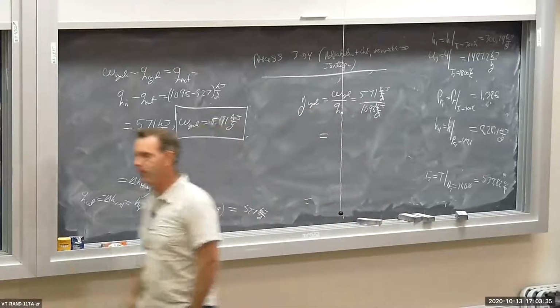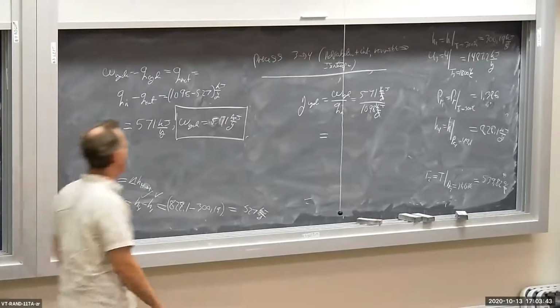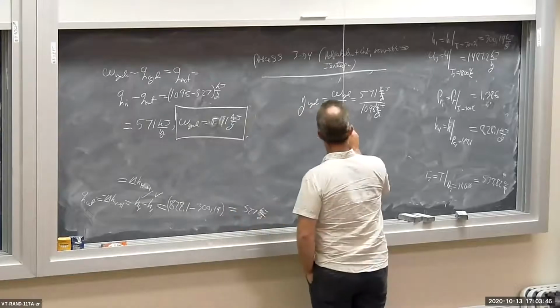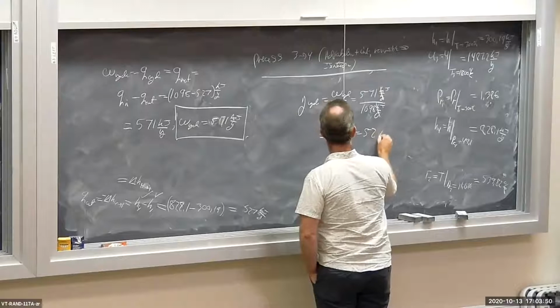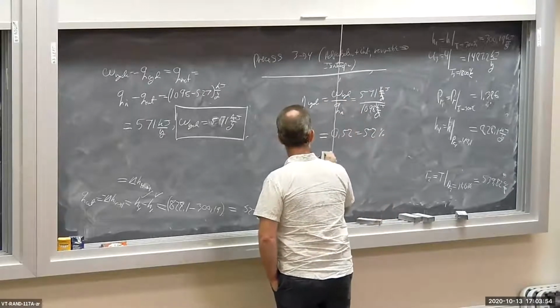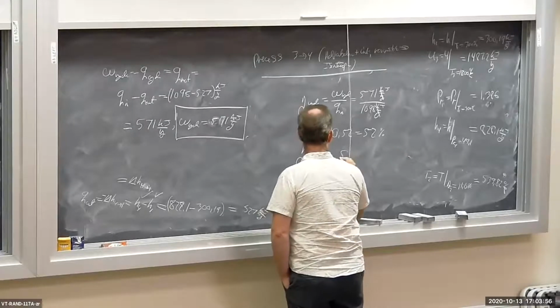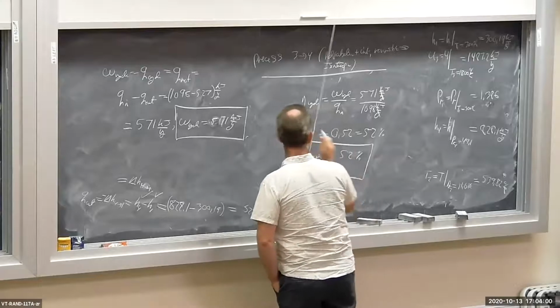And I get an efficiency of about 52%. It's like 51.9. So I'm going to write here 0.52, or if you like, 52%. So the efficiency of this cycle is 52%. Okay?